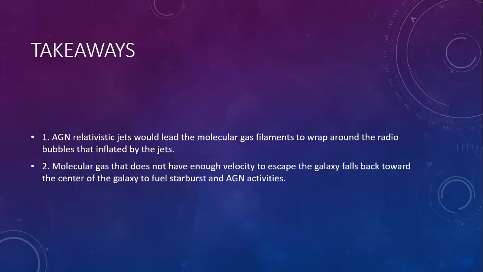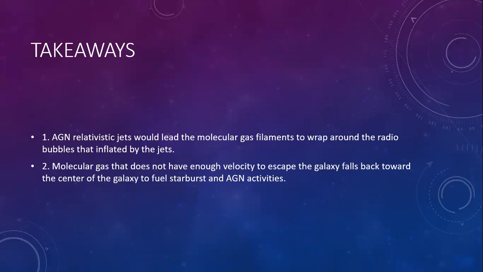So, in conclusion, half of the total molecular gas mass reservoir at the center of the Phoenix cluster lies in the extended three filaments that wrapped around the X-ray cavities that are inflated by the radio jets powered by the supermassive black hole at the center of the central galaxy, which proves that the formation of the molecular gas filaments is linked to the relativistic jets from the AGN activities.